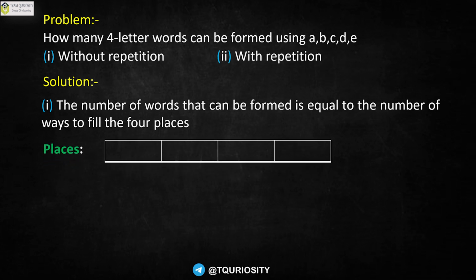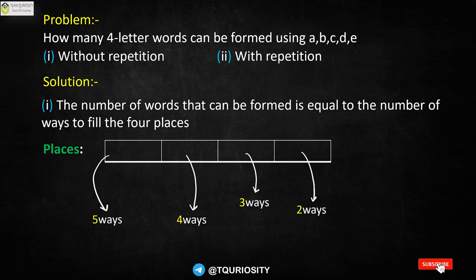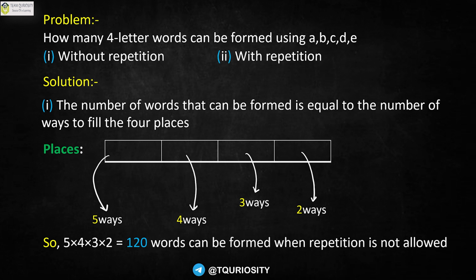The first place can be filled in 5 ways. Likewise, the second place can be filled in 4 ways. The third place can be filled in 3 ways. And the last place can be filled in 2 ways. So the total number of ways to fill all the places is equal to 5 cross 4 cross 3 cross 2, which is equal to 120 when repetition is not allowed.